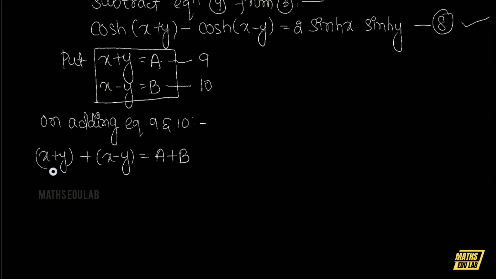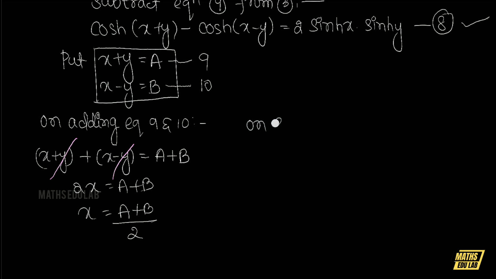Then here the plus y and minus y will get cancelled out, and the left out value is 2x equals a plus b, so the x value becomes a plus b upon 2. And similarly we will do the addition and subtraction for this part.